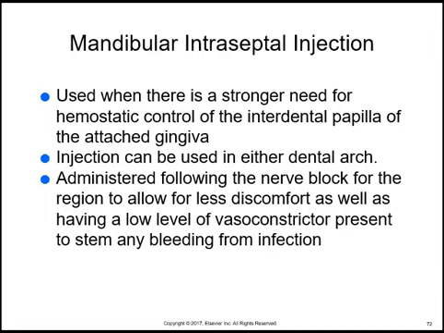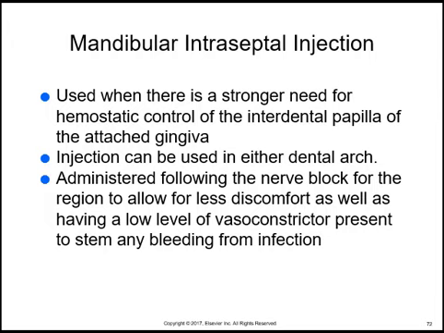The next one that we're going to talk about is the mandibular interseptal injection, which is used when there is a stronger need for hemostatic control of the interdental papilla of the attached gingiva. The injection can be used in either dental arch, and it's usually administered following the nerve block for the region that is being worked on to allow less discomfort.